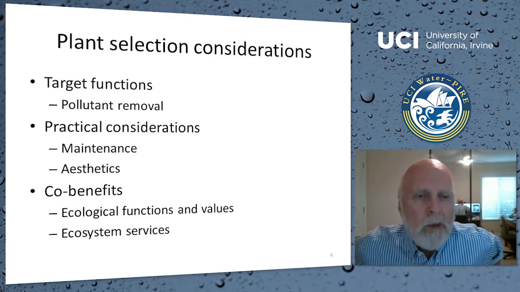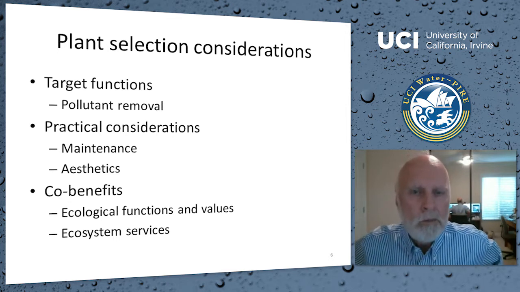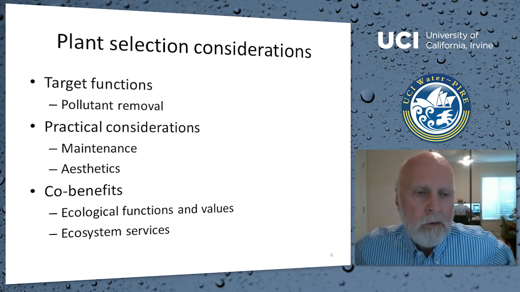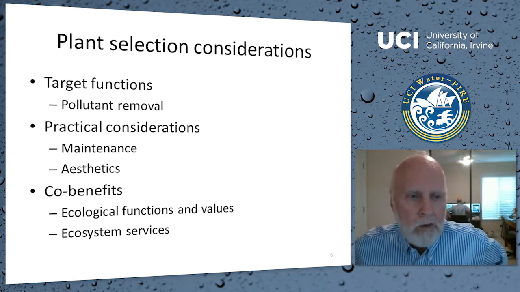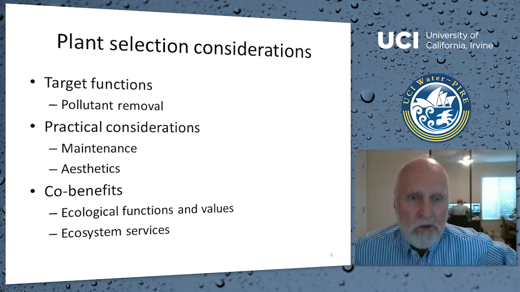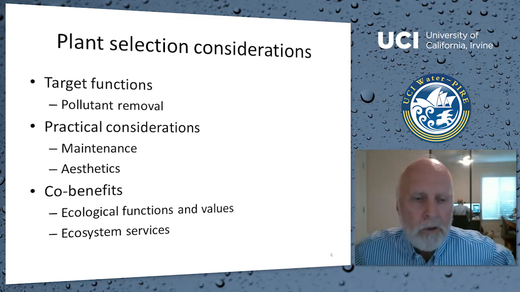So what I want to talk about today are some of the things that I think we should be considering when we choose plants to go into these systems. And so there's a couple of categories here, and I'll go through briefly each of these. The first one is we want to make sure that we get the functions that we're targeting. So largely that's pollutant removal in terms of plants. The biofilters themselves, we're also talking about stormwater capture.